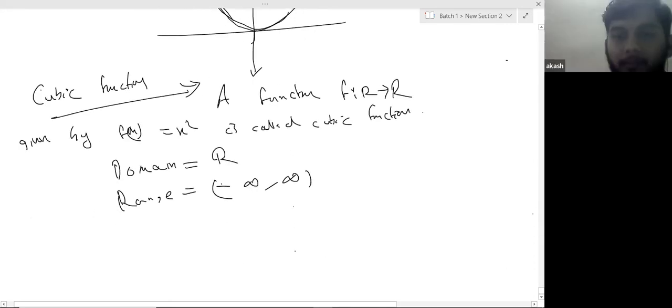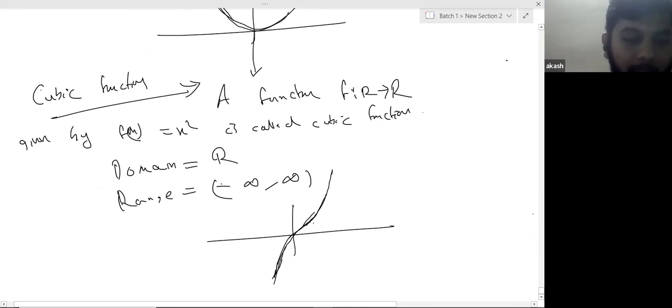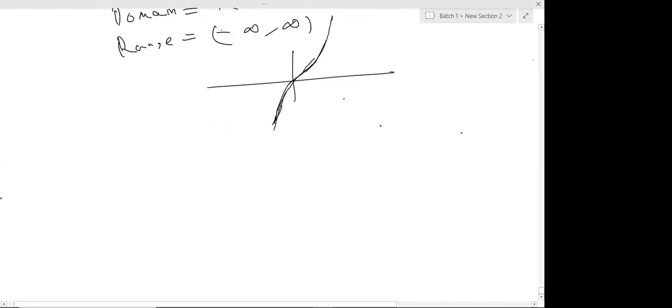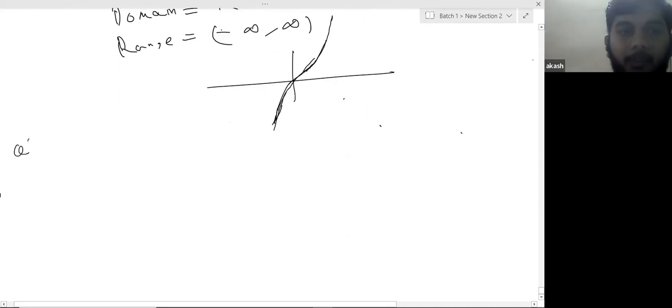The graph is something like this, with a point of inflection. Okay, so it covers all of the y-axis and x-axis. Clear? Yes, sir. Let's try some questions.